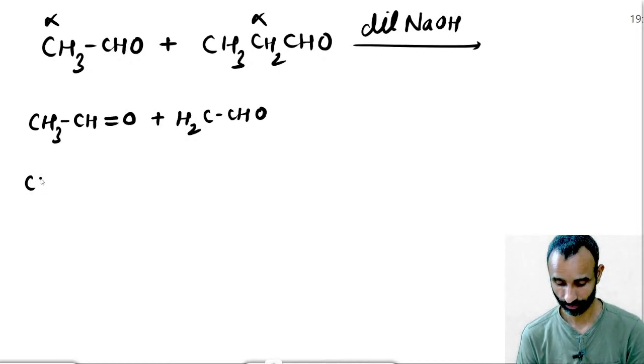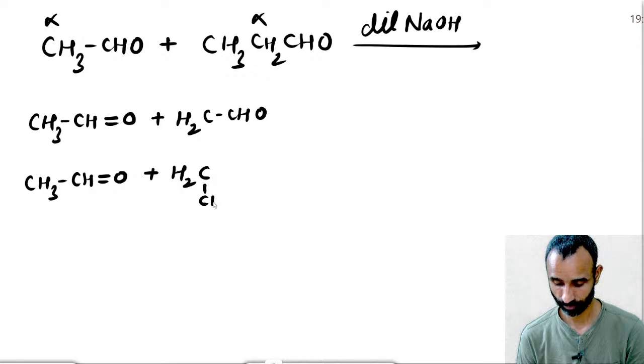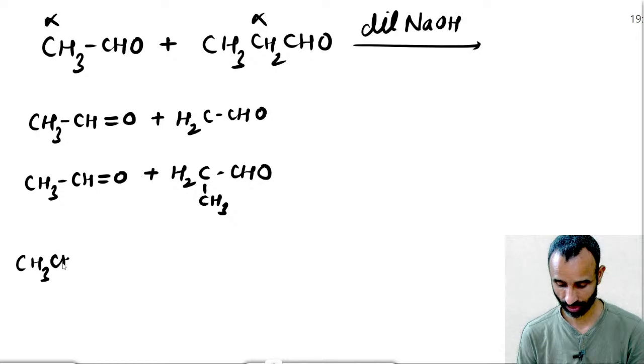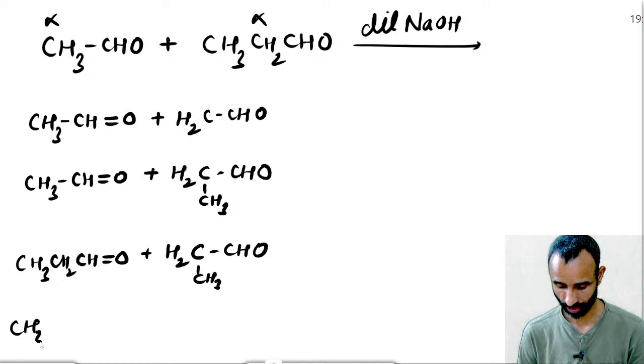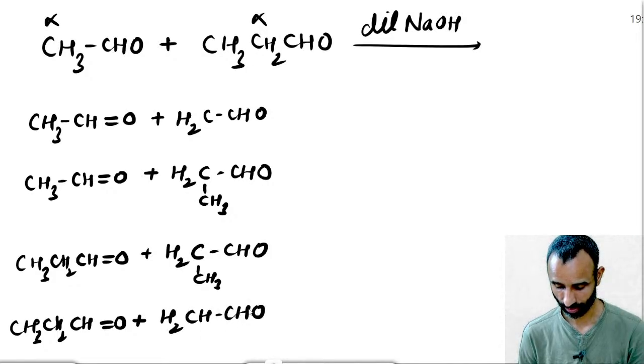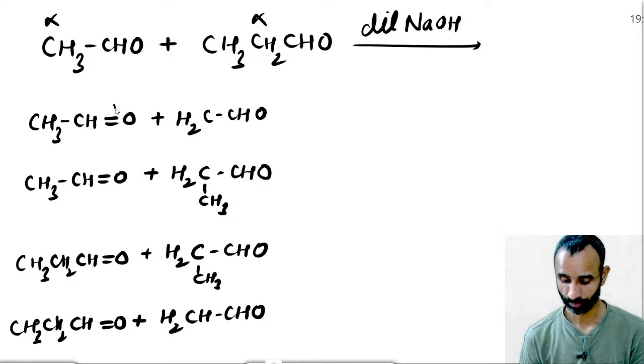Then CH3 CH double bond O, alpha hydrogens of the another. Then CH3, CH2, CH double bond O, alpha hydrogens of the same. CH3, CH2, CH double bond O, and alpha hydrogens of the first one.